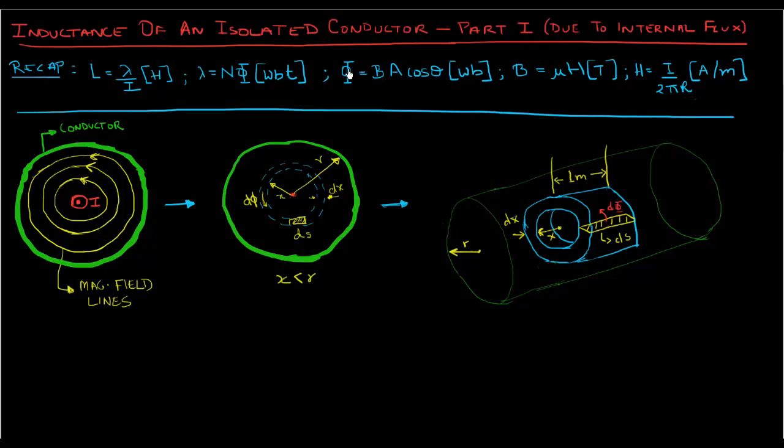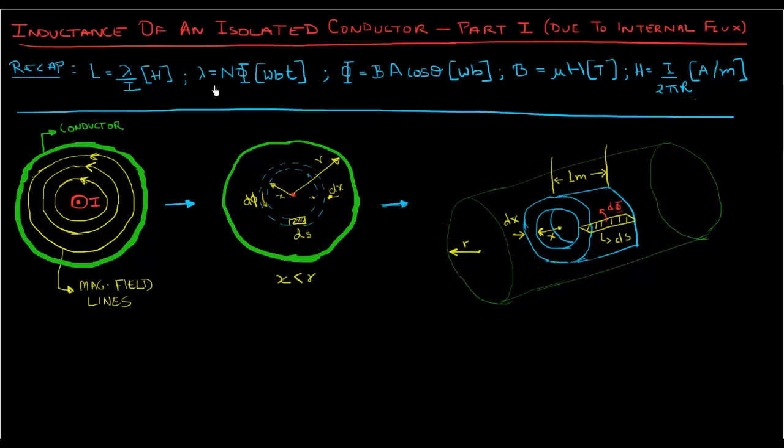We then discussed the concept of magnetic flux phi given by BA cos theta, where B is, of course, the field intensity, A is the surface area through which the field lines are passing, and theta is the angle which the normal of that surface makes with the field lines.